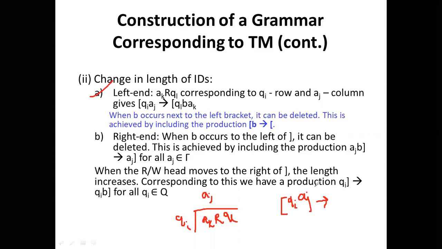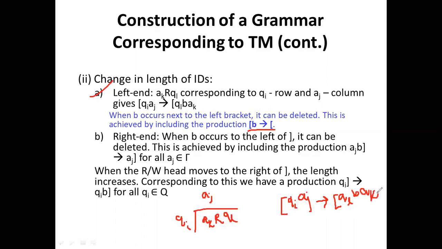Now the B occurs to the right of the left bracket, and it can be deleted, achieved by including the production left bracket B to left bracket. So B is deleted. The corresponding production on the right side is left bracket Q_l B and A_k.